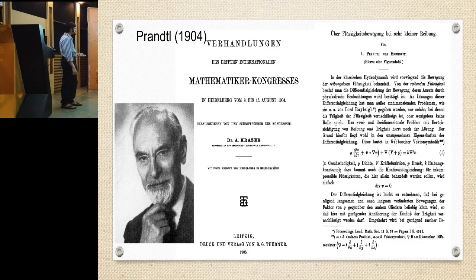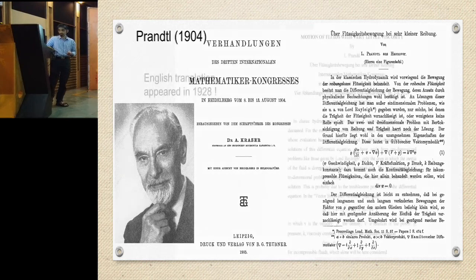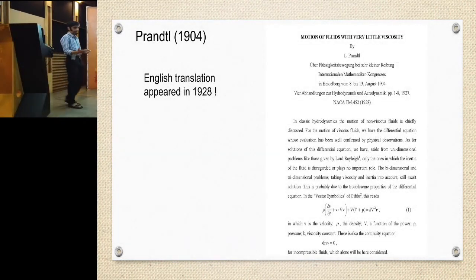There is also a translation in English which appeared in 1938. So it took time for this idea to propagate. That's why I call it a silent revolution, because it took nearly 50 years to establish this concept on a firm footing. But all the essential ideas were there in 1904 when he proposed this concept.